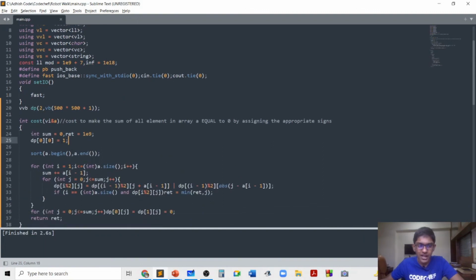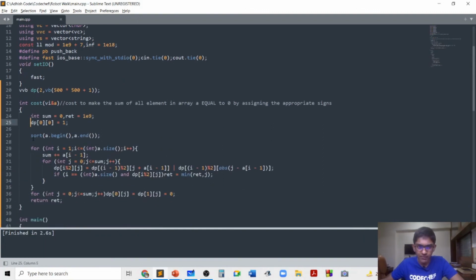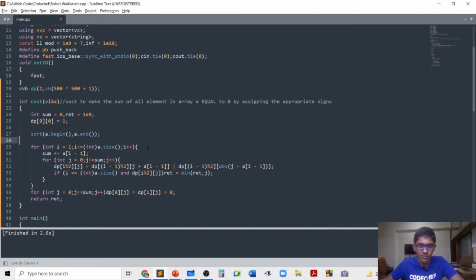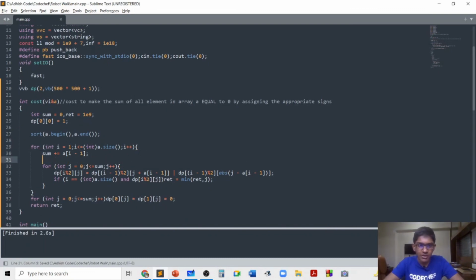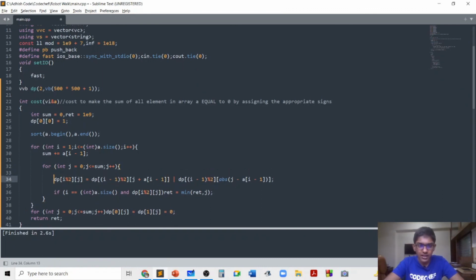So in the DP, I initialize dp[0][0] to be 1. Then I compute the remaining DP values. As I mentioned, I'll be computing dp[i][j] for all j going from 0 to sum. dp[i][j] is going to be equal to dp[i-1][j plus a of i minus 1] or dp[i-1][j minus a of i].